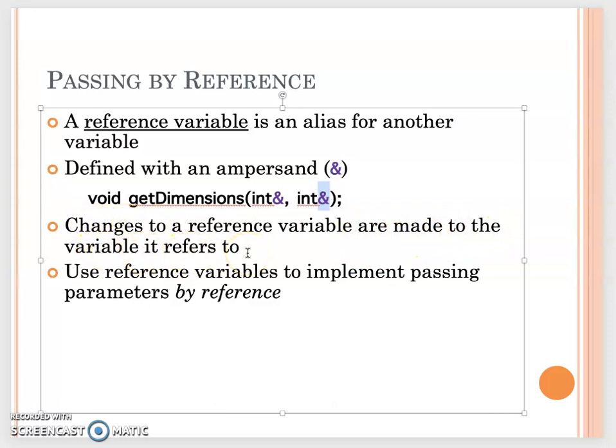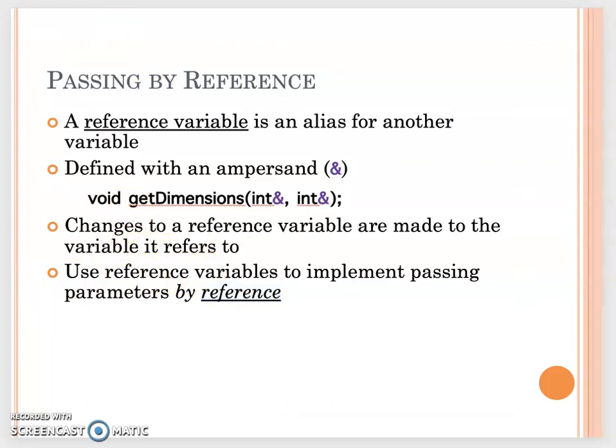That means in our local function, our parameter will point to the same location as the original argument. So we use a reference variable to implement passing a parameter by reference. That's very important. You may feel a little confused now, but let me show you the example.